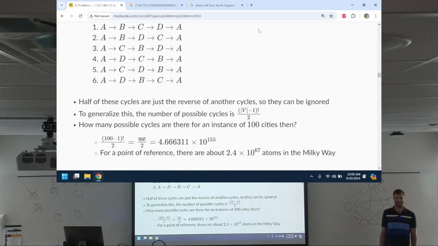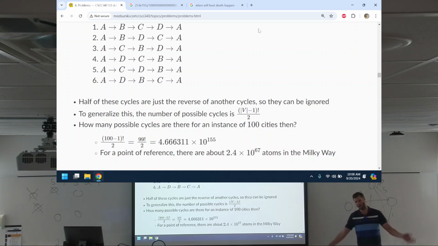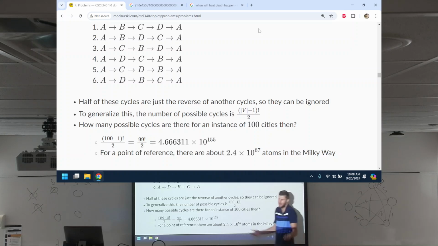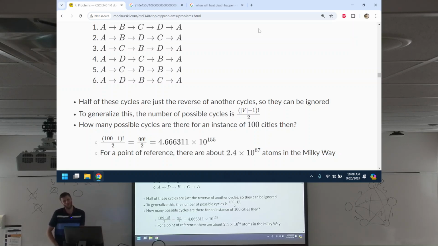But maybe we can find a sufficiently good solution in much less time. It's not necessarily optimal. It probably won't be optimal, but it'll be good enough.